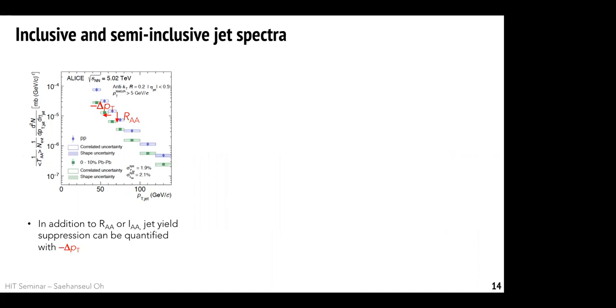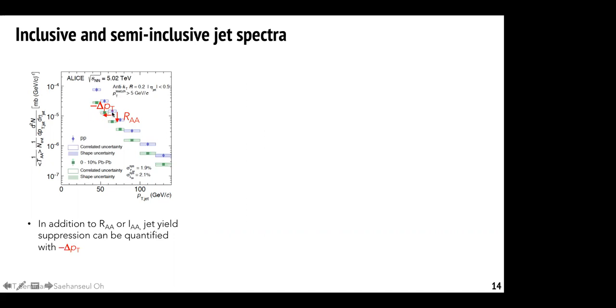For the RAA or IAA, this purple color is pp and this green color is AA. We usually translate the RAA or IAA as a vertical translation. But you can also quantify the suppression with the horizontal translation.